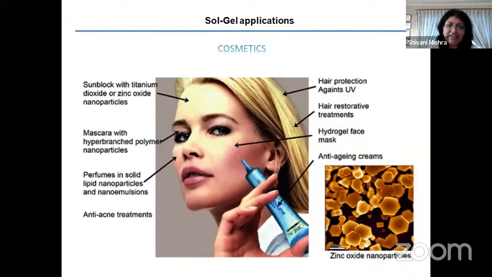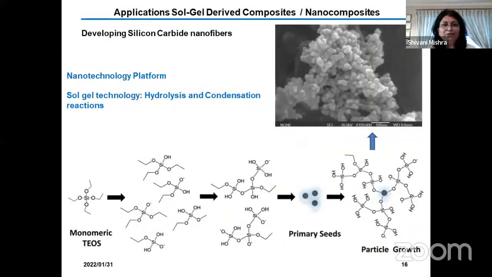So these are available in the market. The technology is there in the market. It's only a matter of how we relate our research to commercial products. Okay, let's proceed to the work which I have done in this particular field.